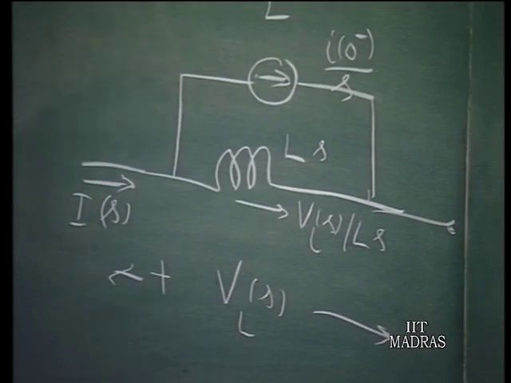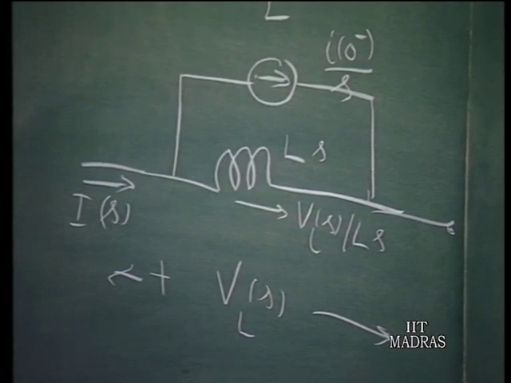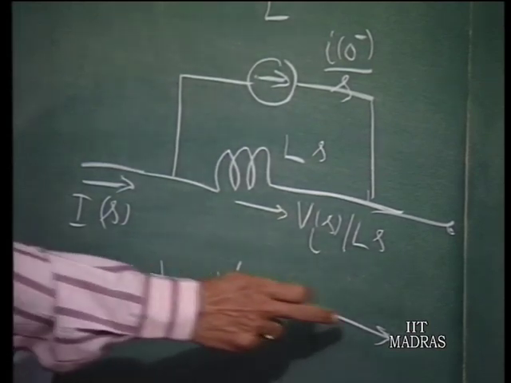We have an inductor having generalized impedance L S in parallel with a current source of strength I0 minus over S in the transform domain. This is the terminal relation.